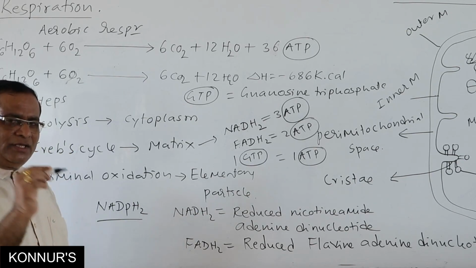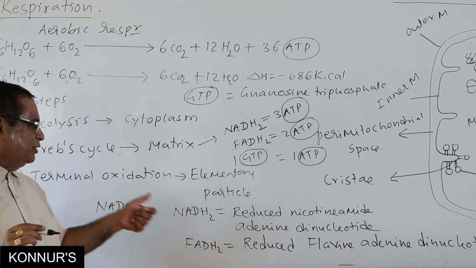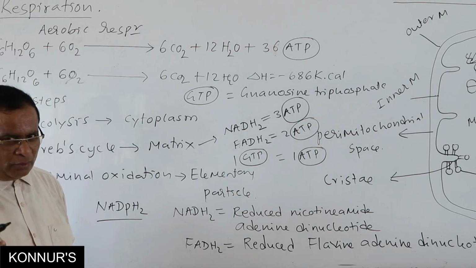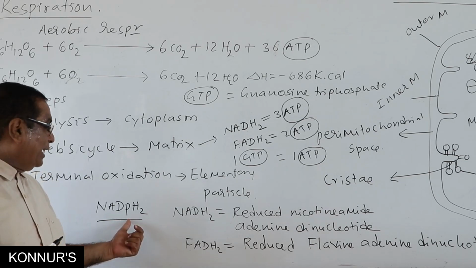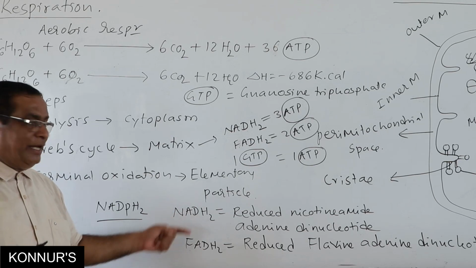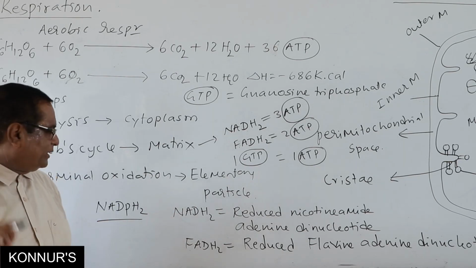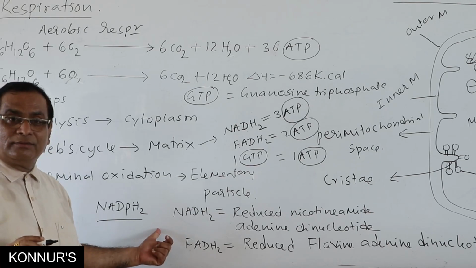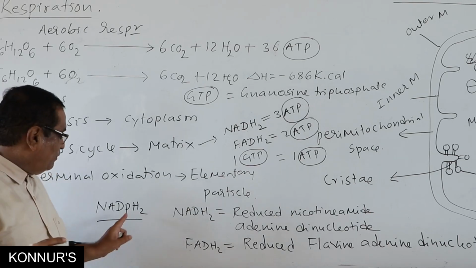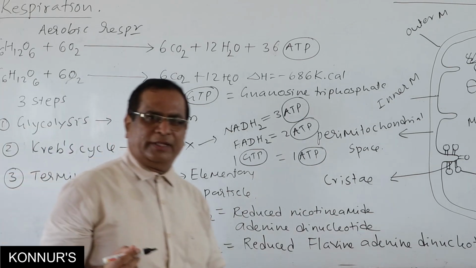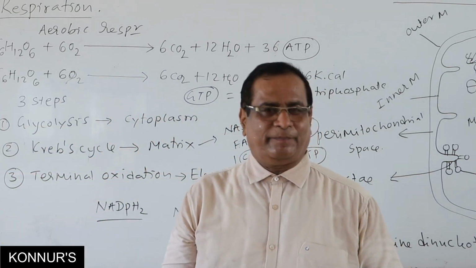The similarity and difference between NADPH2 and NADH2: even there is a difference in their long form, and the difference is NADH2 gives ATPs but NADPH2 does not give ATPs, and the similarity is both of them are reducing agents.